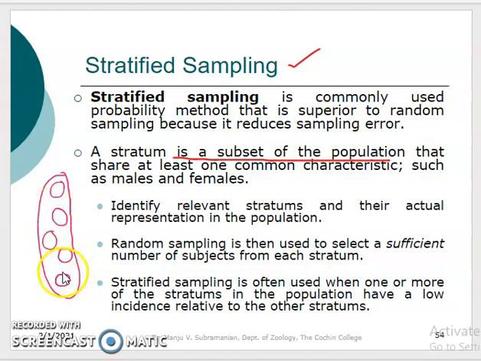Each stratum is called a subset, and it will possess the same characteristics, such as a female group in the population, and this stratum will be the male population.